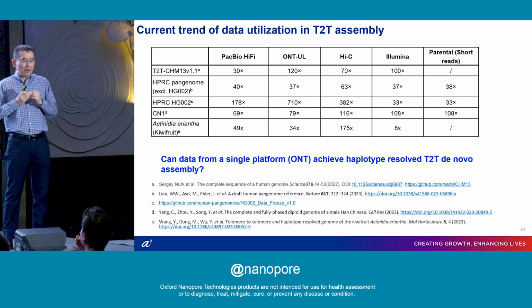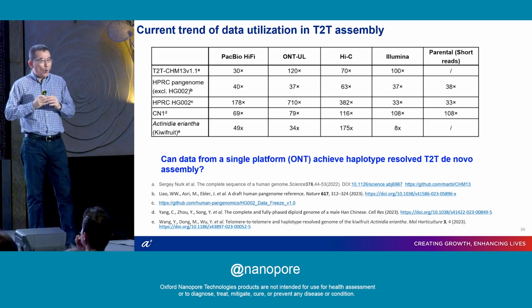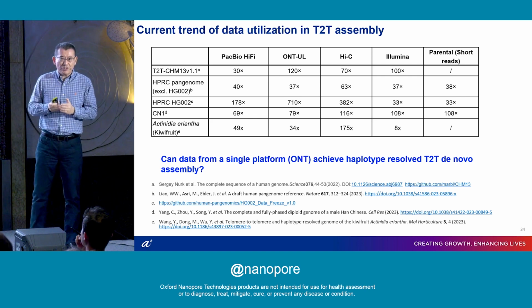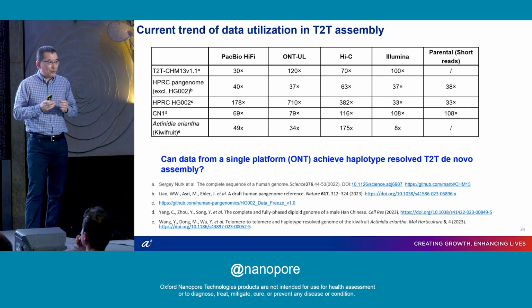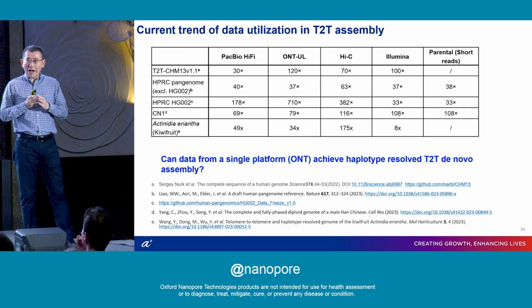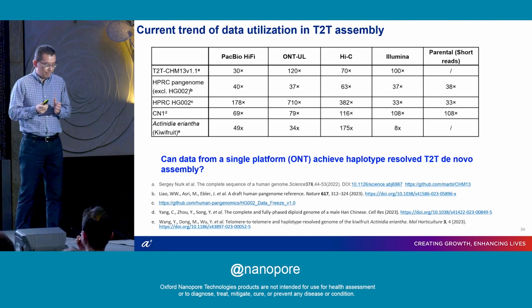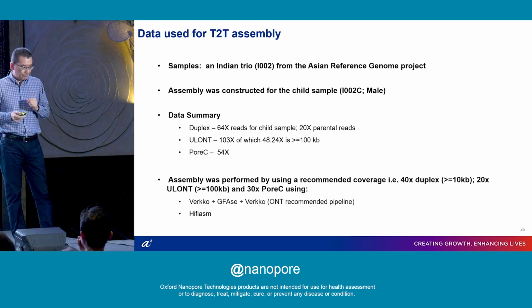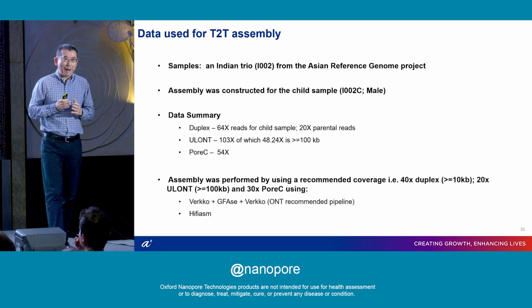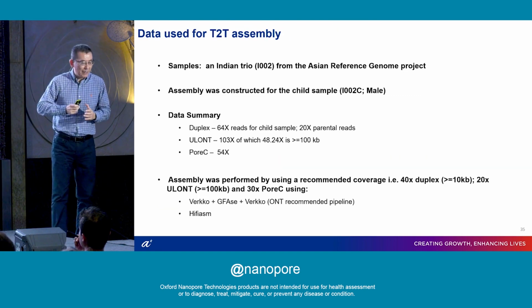The question now, given all of this, is whether it is possible to do T2T assembly using a single platform. In this case, we ask whether we can do this using the ONT platform. So this is a pilot study we performed recently.